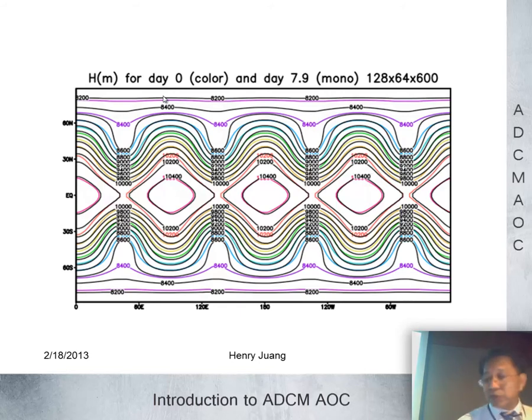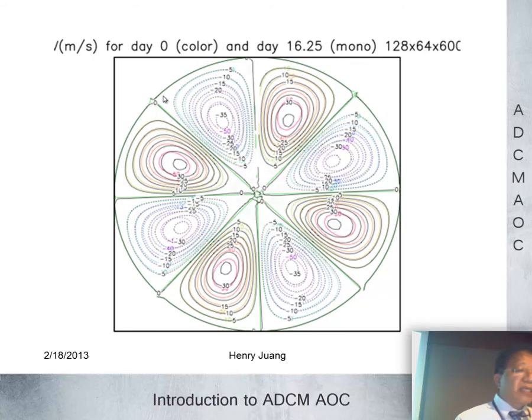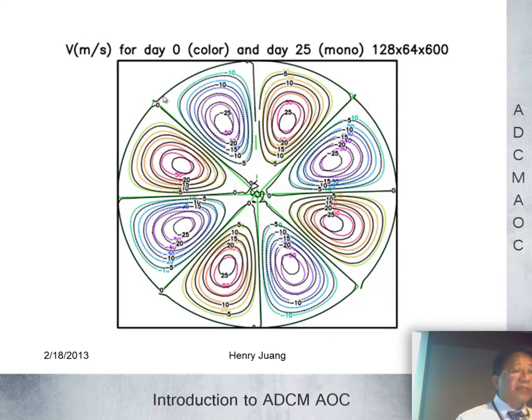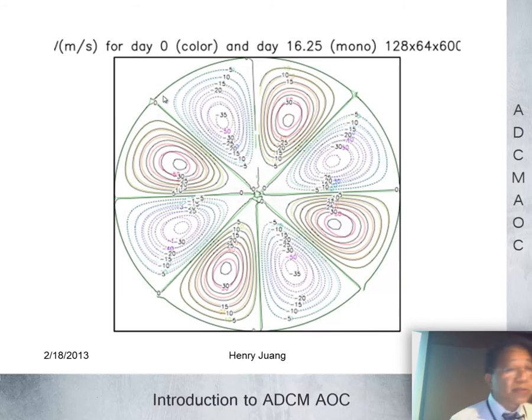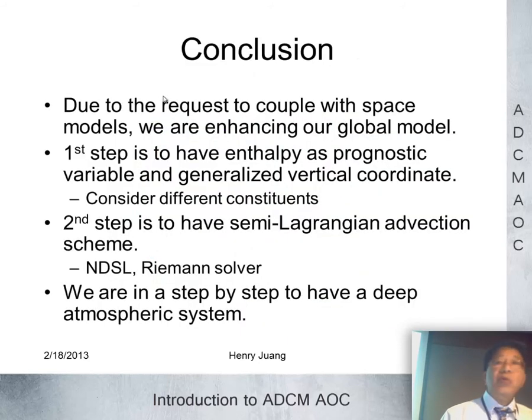The result is quite good, and this is shown in the hemisphere part. That's easy because the two hemispheres are symmetric. And this is after 16.25 days, compared to the initial state. This is 16 days, and this is 25 days later. We have a little bit of noise at the pole, but later we apply a reduced grid and get a good solution. So we come to the conclusion.